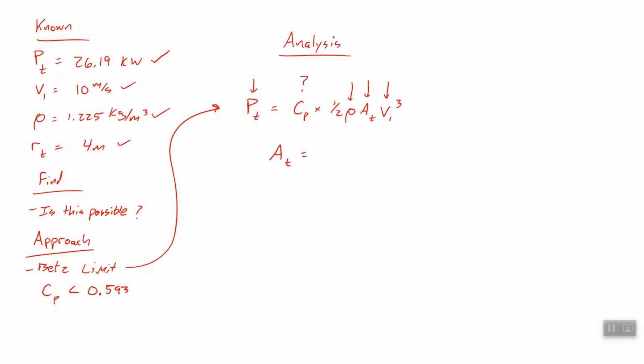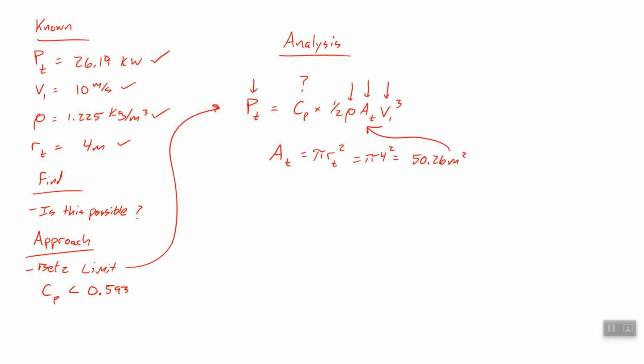So the area of the turbine is just going to be equal to pi times the radius of a turbine blade squared. So that's just pi times 4 squared, which is just going to be equal to 50.26 meters squared. All right, so now we can plug that in right there.